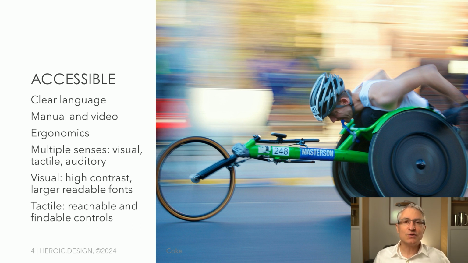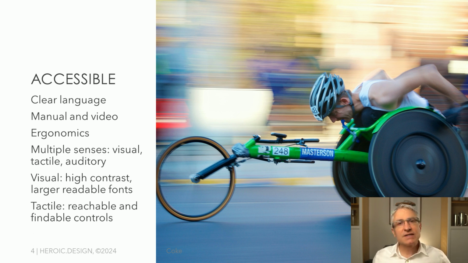If you can, use multiple senses. Can you make the inputs and outputs use sight, touch, and sound? For visual cues and language, use clear and simple language and avoid acronyms and jargon. For text, increase contrast. Use readable fonts and increase the font size. Small text leaves a lot of beautiful white space, but it's difficult to read.